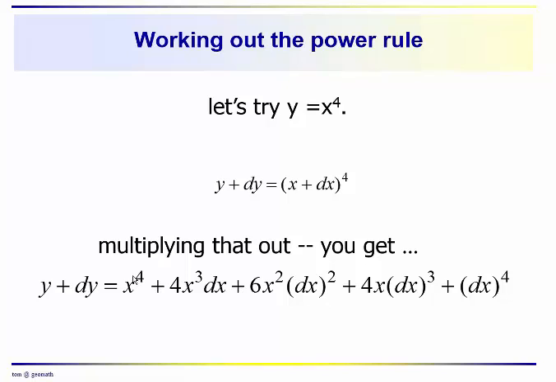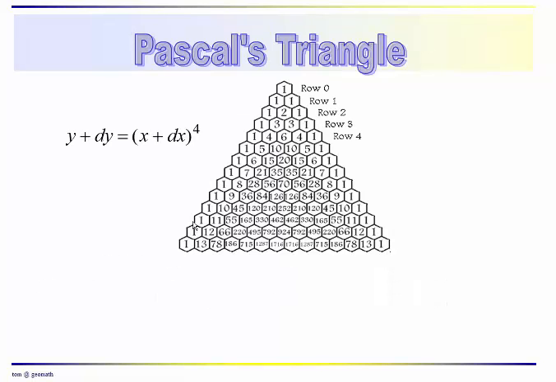We can see that the powers of x are going down, 4, 3, 2, 1, and so on, and the powers of delta x are going up, 0, 1, 2, 3, and so on. Multiplying that out by hand is rather tedious. So I'm going off on a bit of a tangent here, no pun intended, but we'll take a look at Pascal's triangle and see how it might help you if you had to do this more than once. It might be something useful to know.